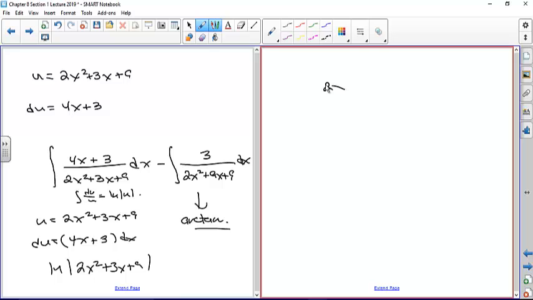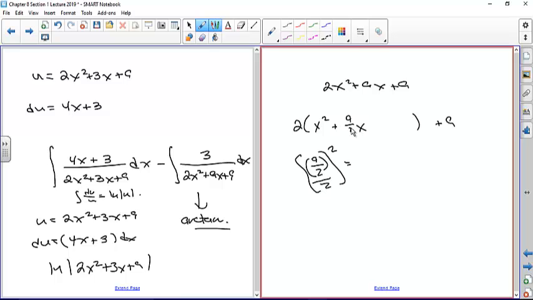So what you do is you take this denominator, and we would factor out the 2. So you'd have 2 times x squared plus 9 halves x, and we add our 9. So all I've done is put some parentheses in there. Then I would take 9 halves, and I'd divide that by 2, and I'd square it.